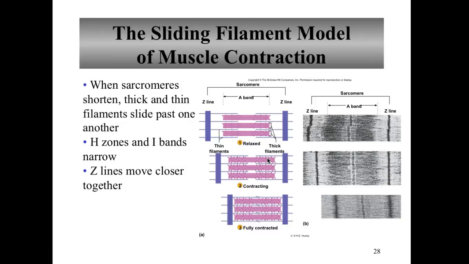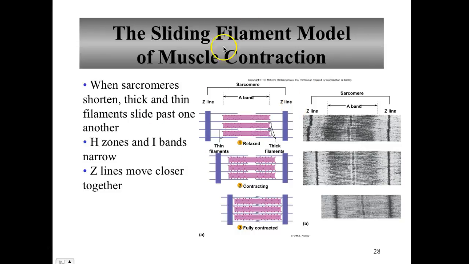The A bands move closer together, but do not diminish in length. All right. So again, the distance between the Z lines of the sarcomeres is going to decrease. The I bands, or the light bands, shorten and disappear. And the A bands move closer together but do not diminish in length.